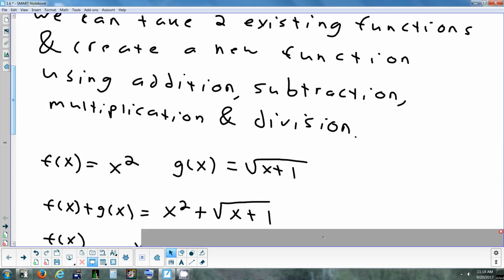It's just the sum of the two that I had. If there's anything I could simplify, I would. There's nothing you can simplify there. But if f of x was like 3x and g of x was, I don't know, 5x, and you added them together, that you could simplify to 8x. Okay, but in this case, there's nothing you can simplify.